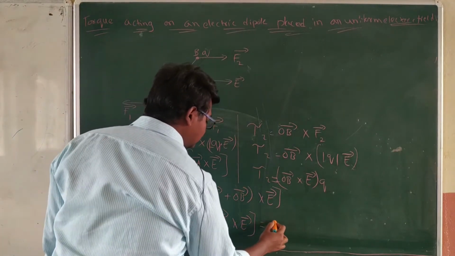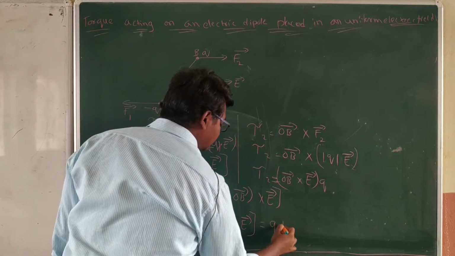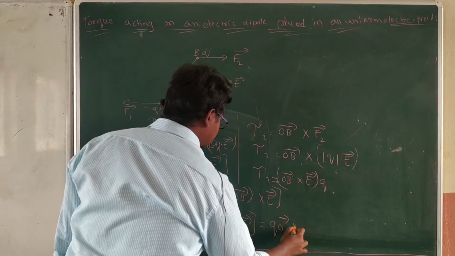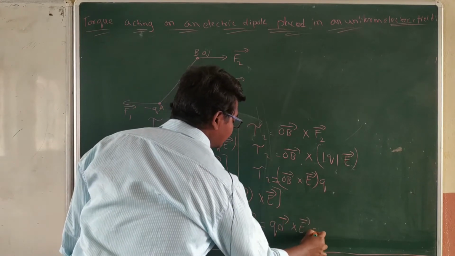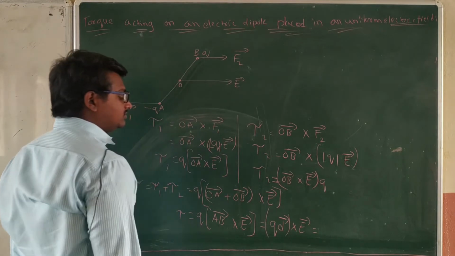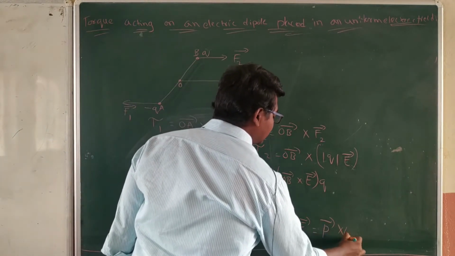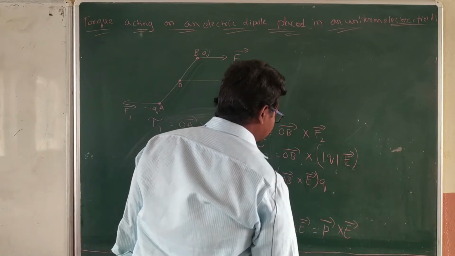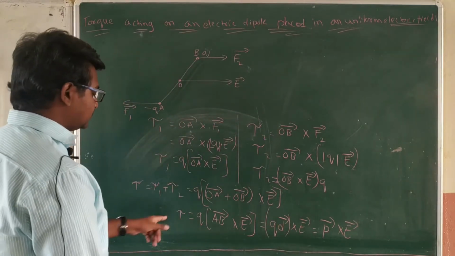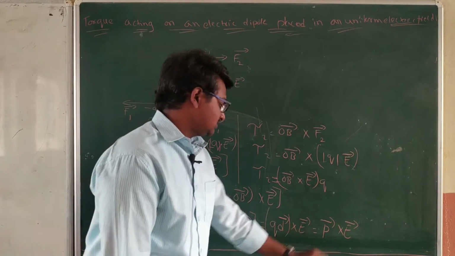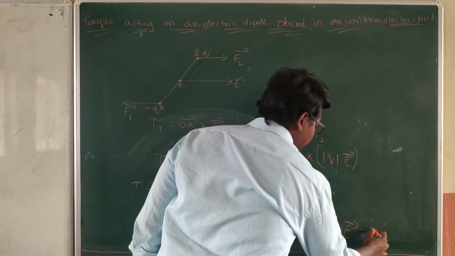Q into d bar cross E bar we got. What is Q into d bar? That is P bar. So we got P bar cross E bar. That's it. This is nothing but tau equals P bar cross E bar.